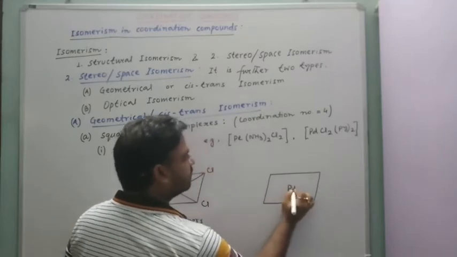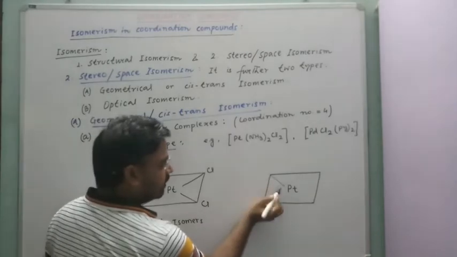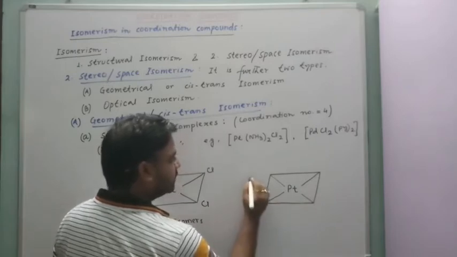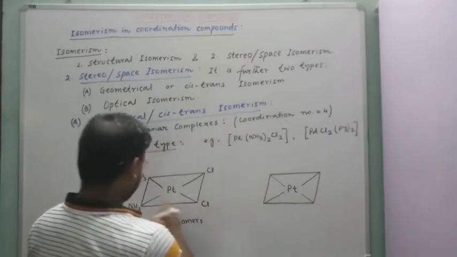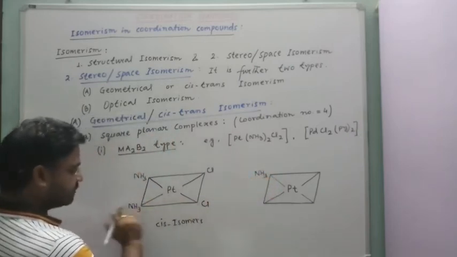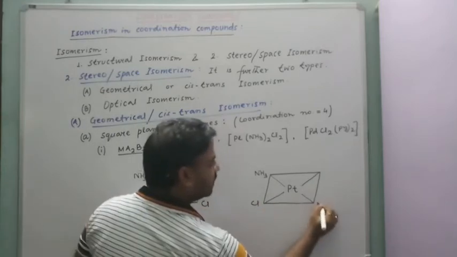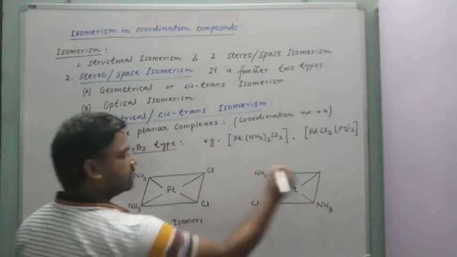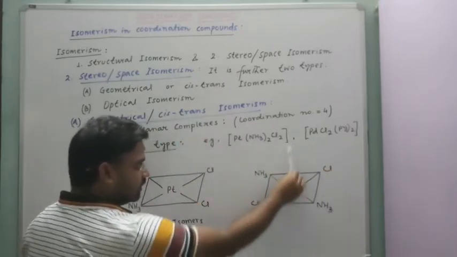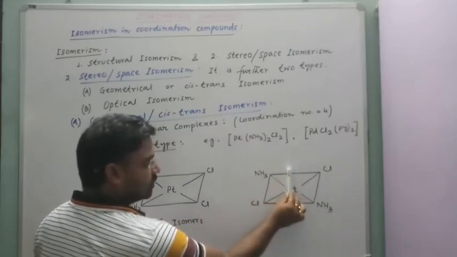Similarly, platinum is the central atom. So NH3, they change their position. This chlorine comes over here and this NH3 comes down here. This chlorine same. So now see, if you mark one line here, then both the NH3 are in the opposite plane.